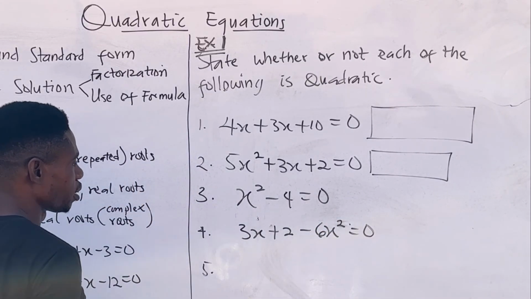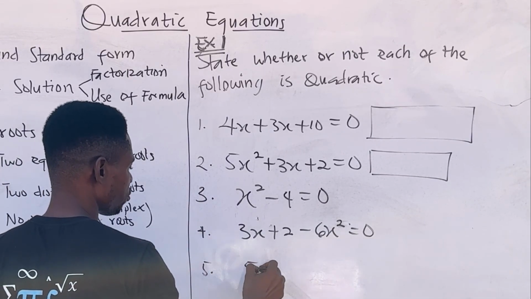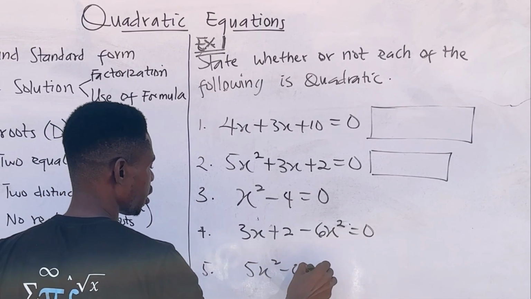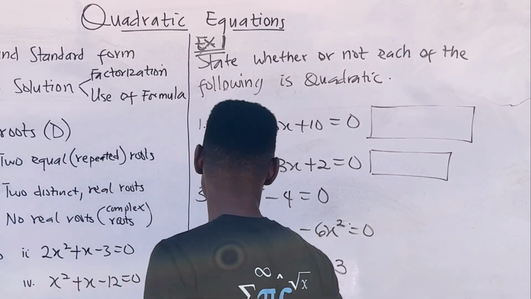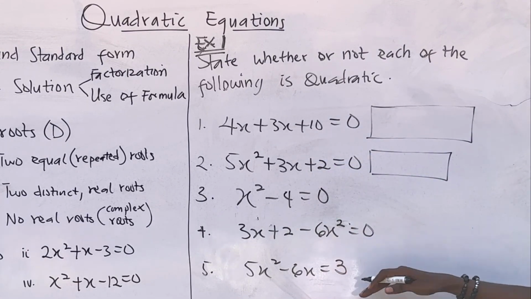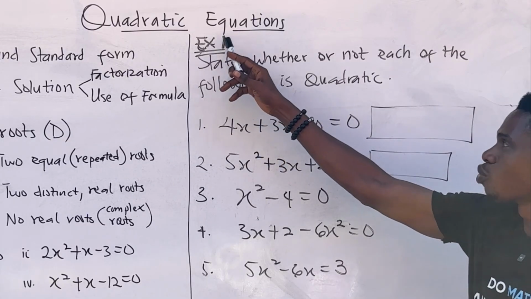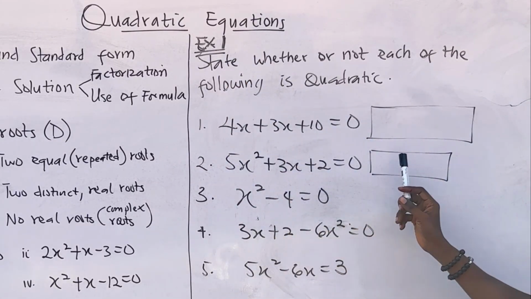And the last one, let's say 5x squared minus 6x equal to 3. Okay, so the instruction is to state whether or not each of these equations is quadratic. So just say exercise 1, number 1 is quadratic, exercise 1, number 2 is not quadratic, and so on.